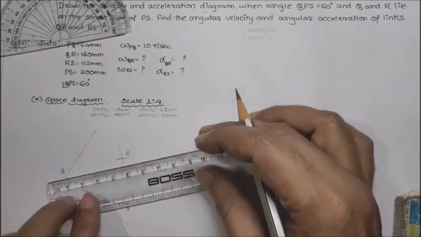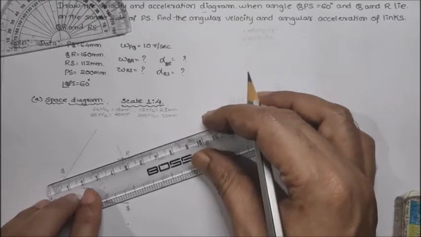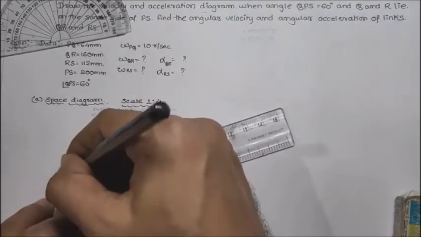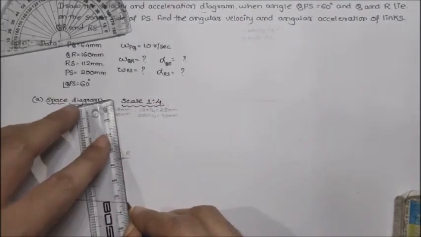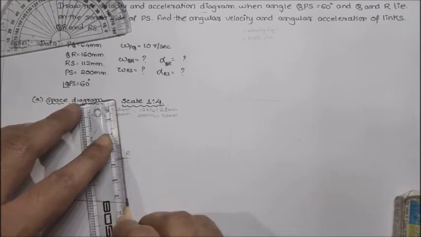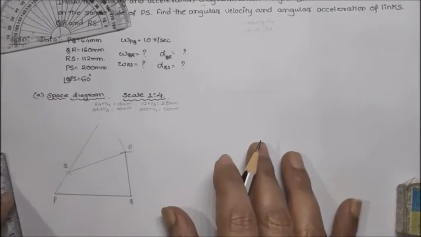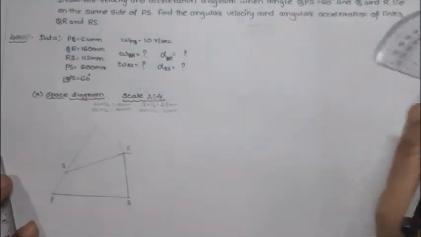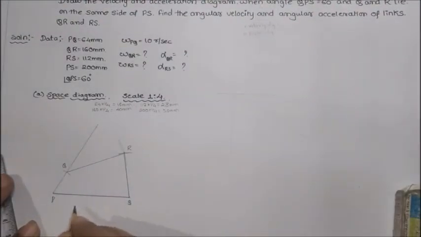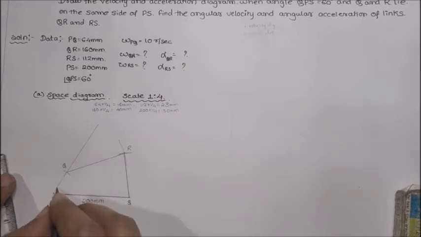Join a line from Q to R, then from R to S. Next we need to mention the dimensions here. PS equal to 200 mm. Then this is 60 degrees.